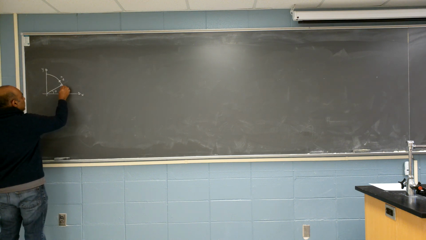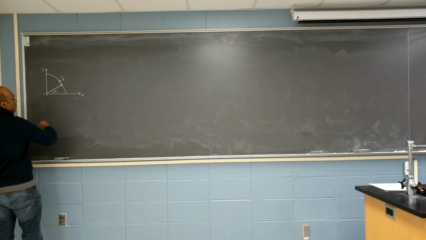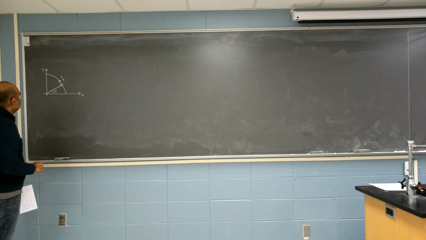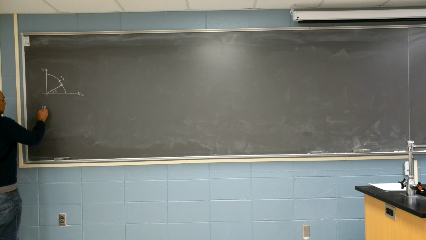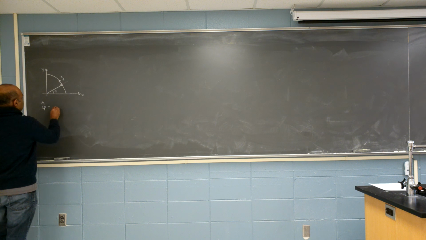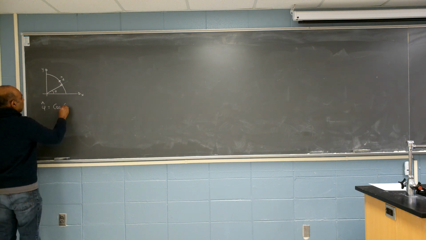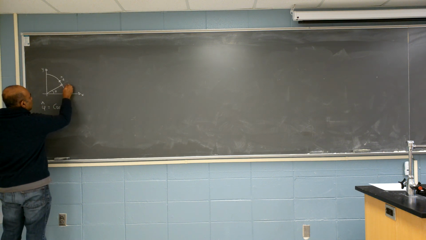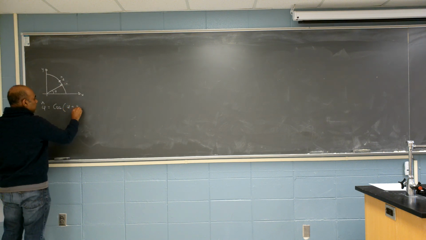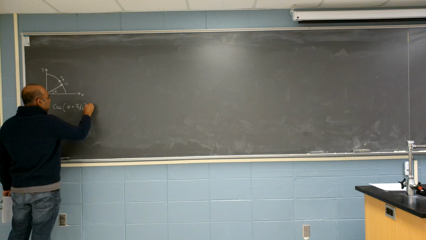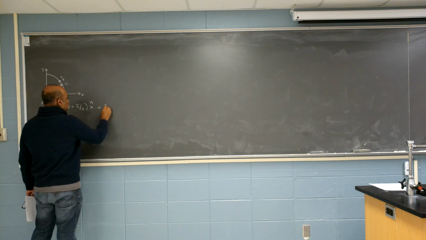Is that a function or a circle? It's part of a circle. Okay, so phi hat is going to be cosine of phi plus 90 degrees in the x hat direction plus sine.